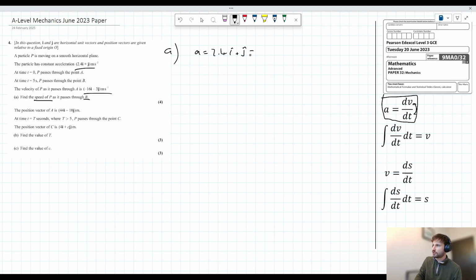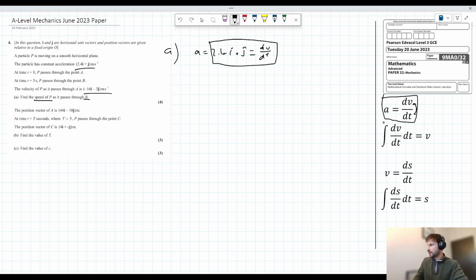So we can equate this idea to dv over dt, and what we have here is a differential equation. How might you typically solve a differential equation? Well, we can use integration, right?